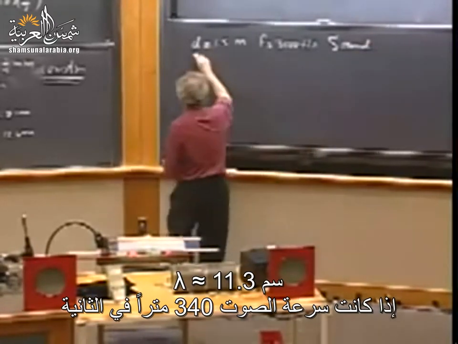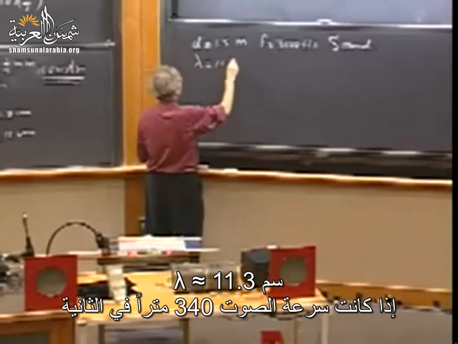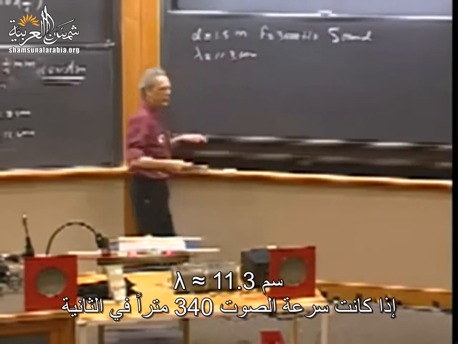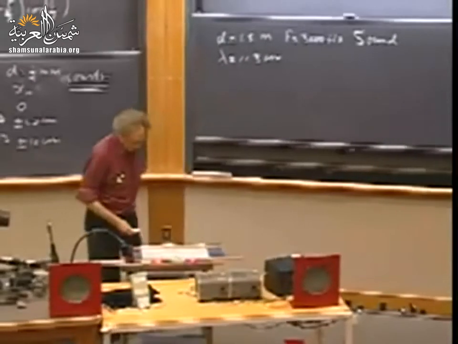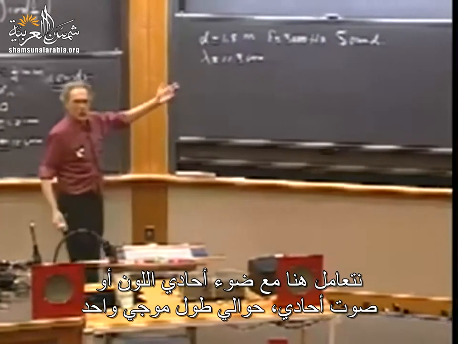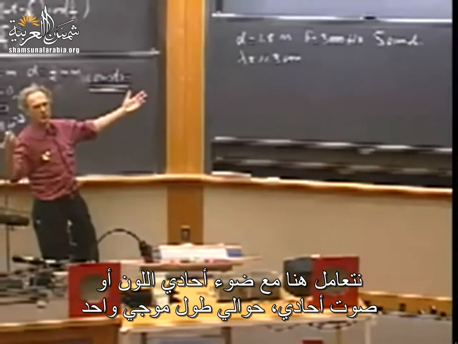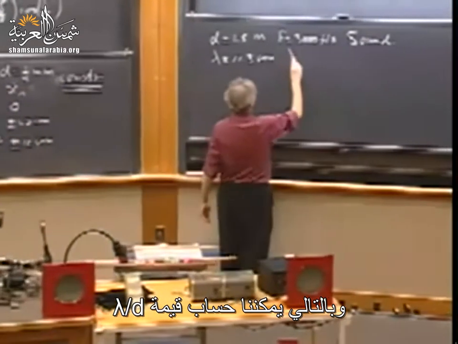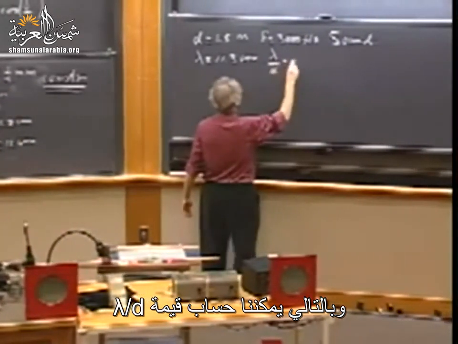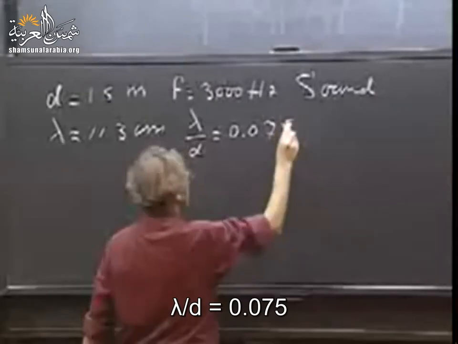And so lambda is about 11.3 centimeters if you take 340 meters per second for the speed of sound. So we have, in a way, monochromatic light, monochromatic sound, more or less one wavelength. And so you can calculate what lambda divided by D is. It's about 0.075.